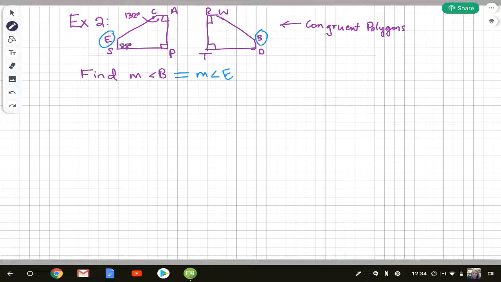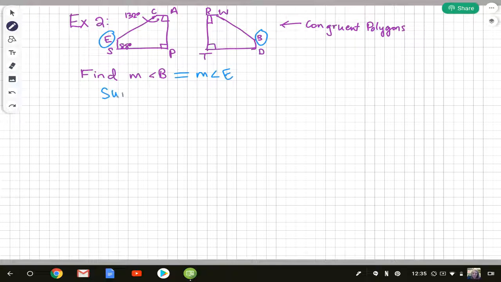And if I look at the left figure, I see that they've marked 2 of the angles, 132 degrees for angle C and 88 degrees for angle S. And then the A and the P are marked as right angles. So remember that for a polygon, we can find the sum of the interior angles by multiplying how many sides there are minus 2 times 180.